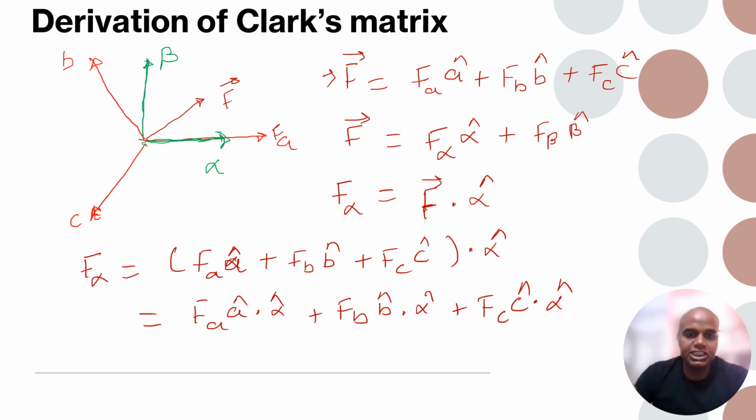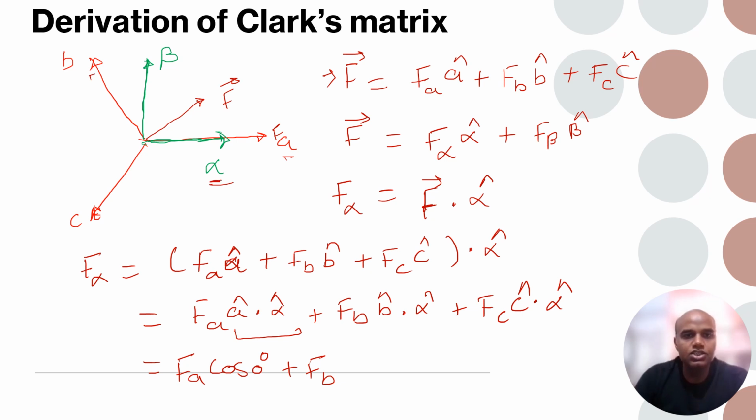So solving this expression further, a cap into alpha cap is nothing but the cosine of the angle between the a phase and the alpha phase. So we know that a and alpha are both in phase. So this is nothing but Fa into cos of 0 degree plus Fb, the angle between the B phase and the alpha.